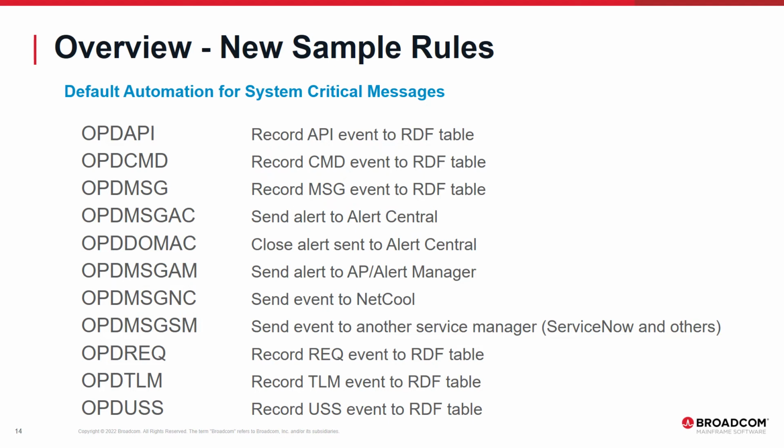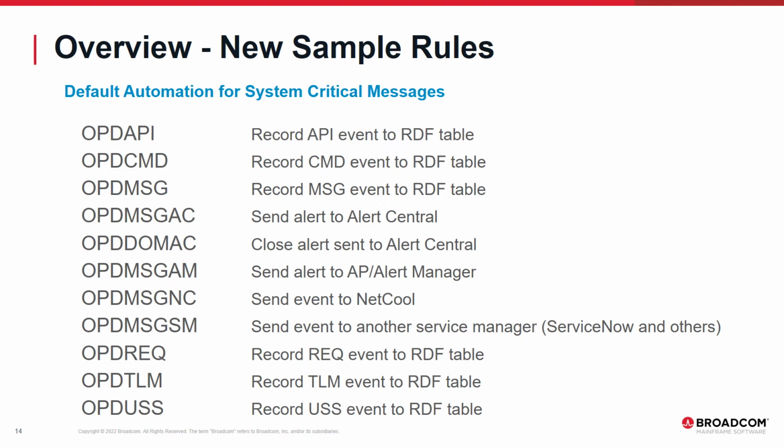For the case of messages, in particular with WTORs or the messages with descriptor codes of 1, 2, 3, or 11, we can do a little more than just recording. When integrating with Alert Central, unlike other samples we've delivered in the past, these will only fire when no other action is taken, allowing you to send an alert to AC to elevate or expose or notify someone when a critical message has been issued and no actions have taken place.